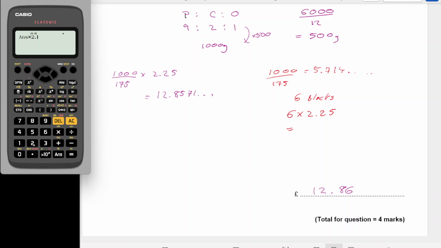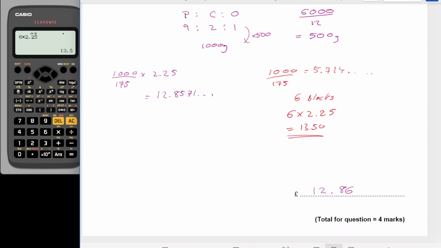So if we times that by 2.25, 6 times 2.25, another acceptable answer was 13.5. It's covered as an extenuating situation within the mark scheme, so that would be acceptable as well.